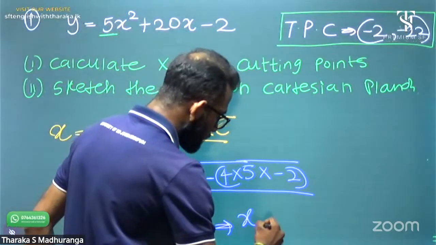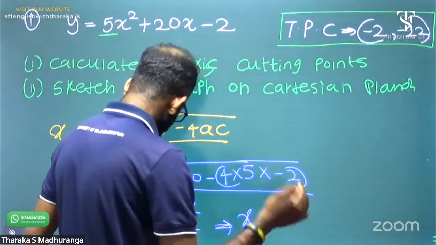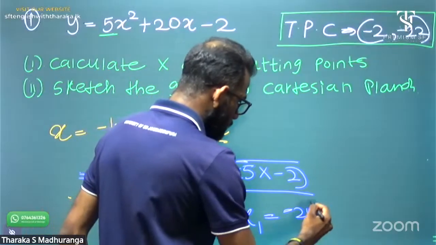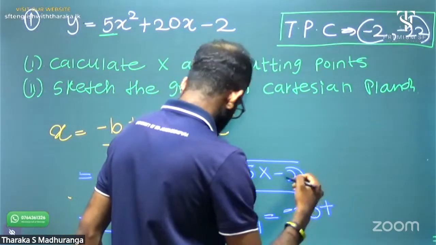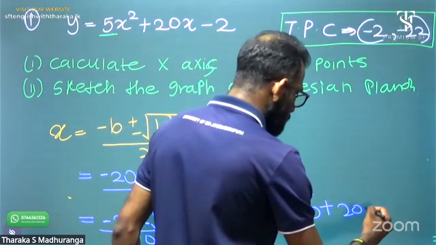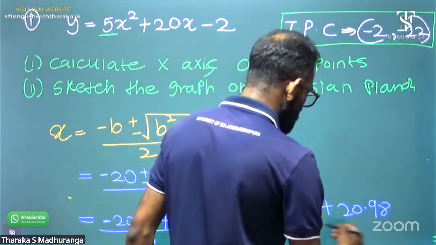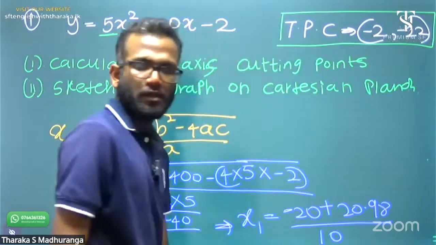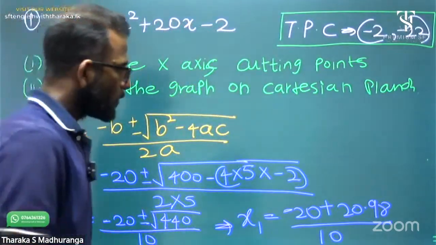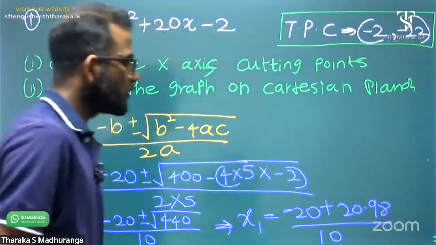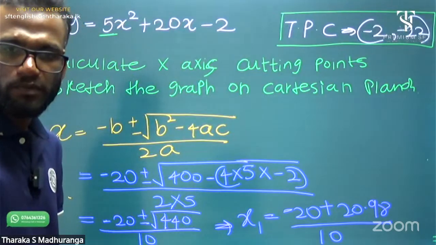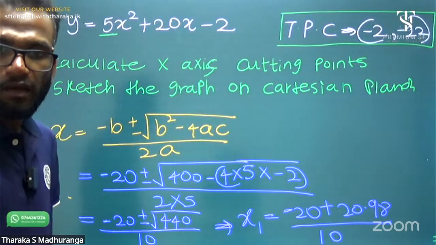Then x1, the first x-axis cutting point, is minus 20 plus 20.98, divided by 10.